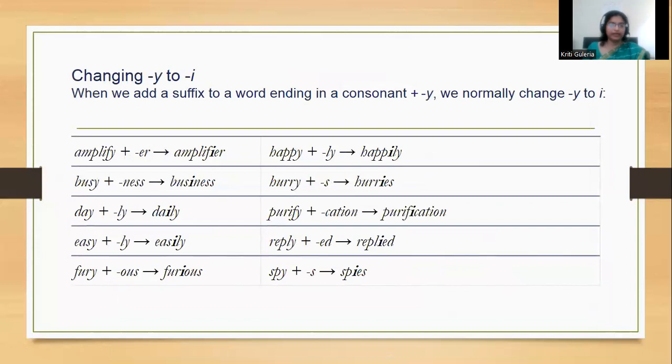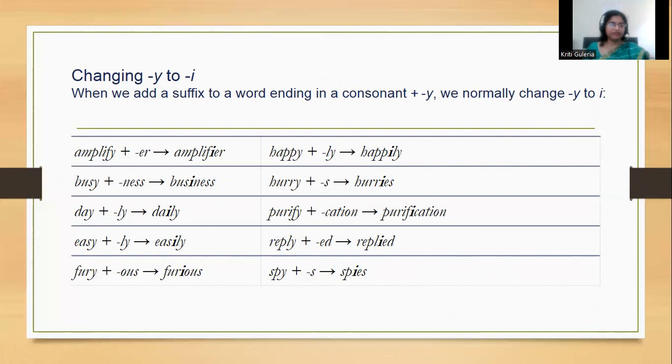Now, next, when we are adding a suffix and the word is ending with Y, we normally change it to I. For example, amplify is ending with the letter Y, so we have to change the Y into I plus ER.